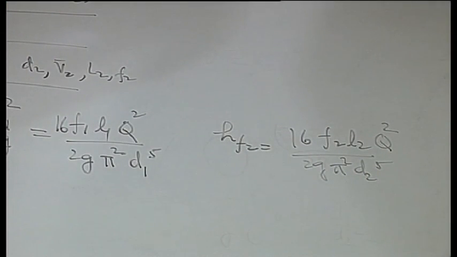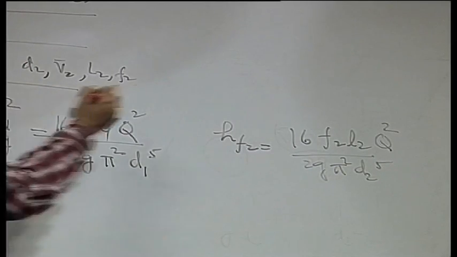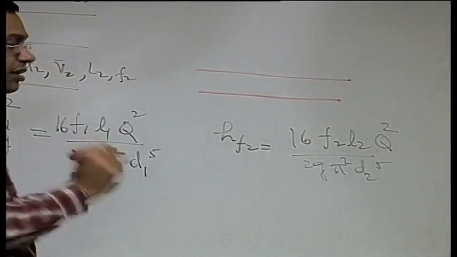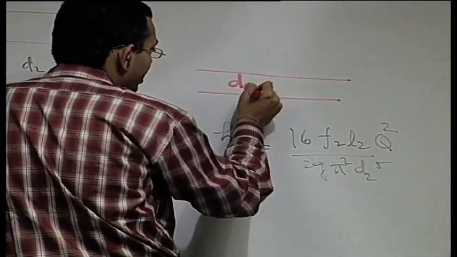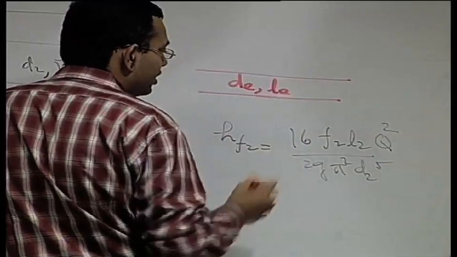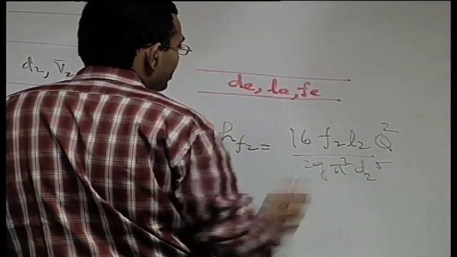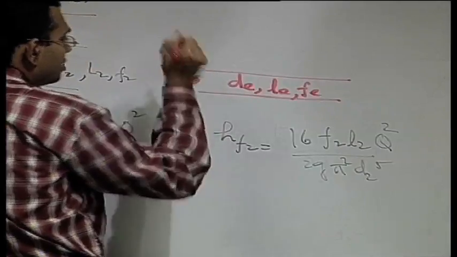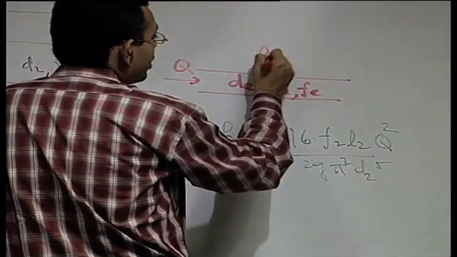Now what is the concept of an equivalent pipe? You replace these two pipes in series by a single pipe of some diameter DE, the equivalent diameter, LE the equivalent length, and FE the equivalent friction factor, such that you have the same flow rate and the same head loss.